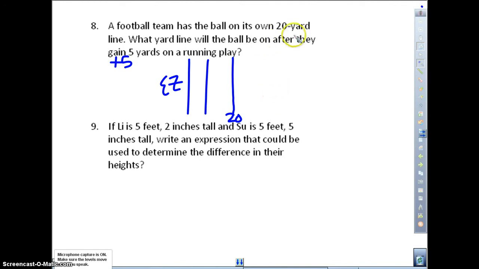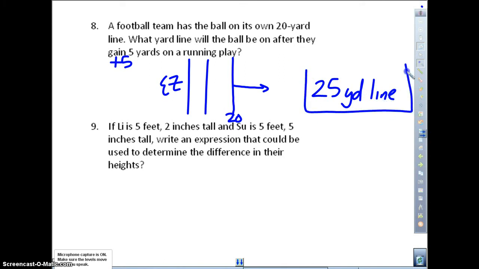It says what yard line will the ball be on after they gain 5 yards on a running play? They are in their own territory and they're moving in that direction. So after a 5-yard gain, where are they at? The 25-yard line. If you didn't know anything about football, you might have gone the other way and said 15.